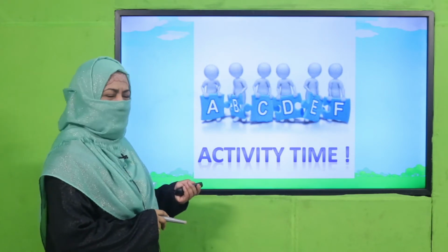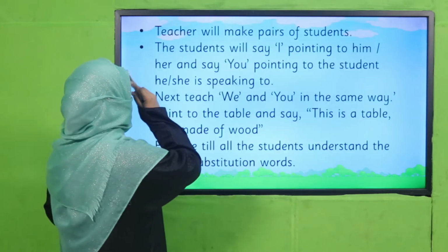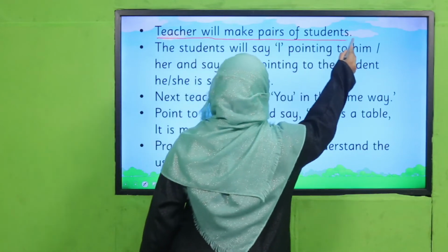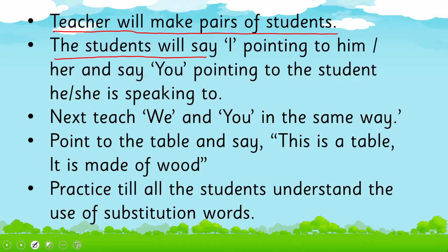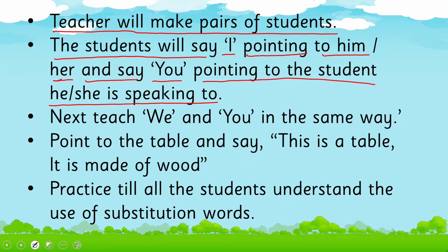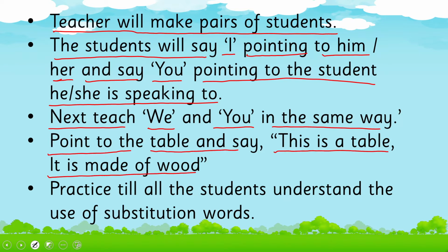So let's practice it through an activity. Are you ready for that? Okay. So your teacher will make pairs of students and students will say I, pointing to him or herself, and say you, pointing to the student he or she is speaking to. Means in a pair, I and you, because there are 2 students in the pair. Next, the teacher will tell them how to use we and you, and point to the table and say this is a table, it is made of wood.